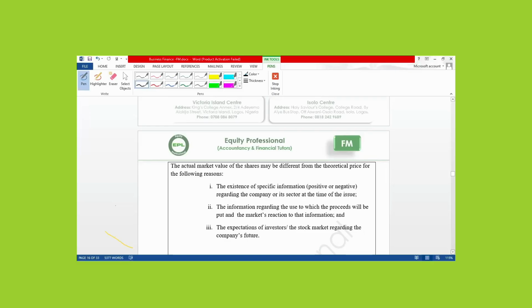Let me explain that. Assuming this company is Zenith Bank. So Zenith Bank is doing a right issue.